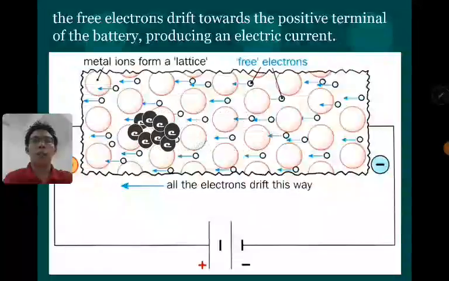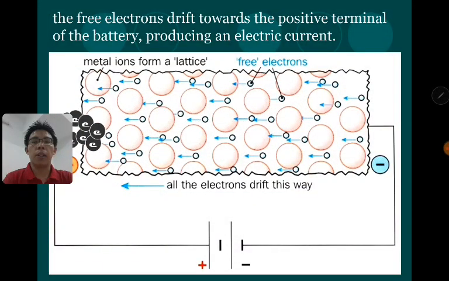This signal caused by the battery is basically an electric field. And we know that electrons are negatively charged. So when you apply an electric field, one side becomes positive, let's say this side here becomes positive and this side becomes negative. Electrons have a negative charge, so they will be attracted towards the positive side and move slowly.